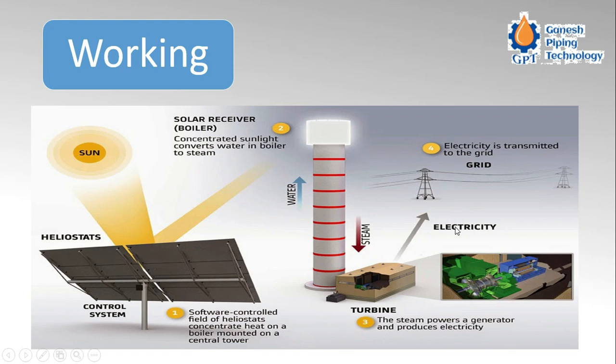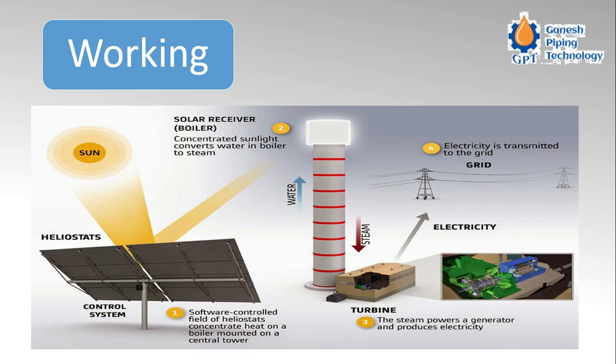The problem associated with this is that we can produce the electricity only during the daytime, and secondly, during the rainy season or in geographical areas where there is very little sunlight, like Western Europe or the northern countries near the northern or southern hemisphere, very little sunlight is available for many days in a year.